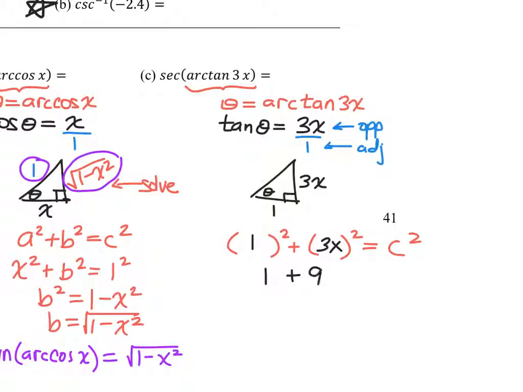So 1 plus 9x squared is equal to c squared, which means that c is really equal to the square root of 1 plus 9x squared. So I know my hypotenuse. So I have all three sides of the triangle.